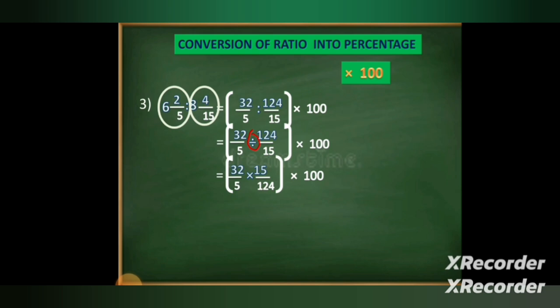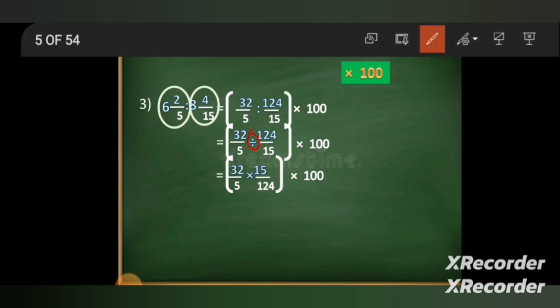Now what you have to do? Now we got the multiplication sign. Now we have to cancel the common factor. Come on, let's do that. 5 and 15 goes in 5 table. So this 5 will become 1 and this 15 will become 3. Same way, 32 and 124 goes in 4 table.